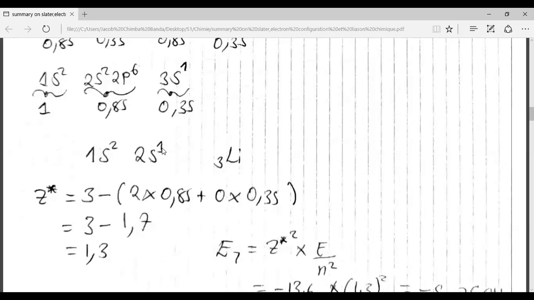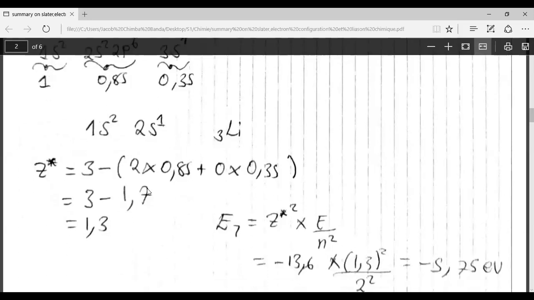But still there are 2 shells; we just don't consider one electron. So the second part will just be 0 times 0.35, which gives 0, then 2 times 0.85, so 3 minus 1.7 equals 1.3.